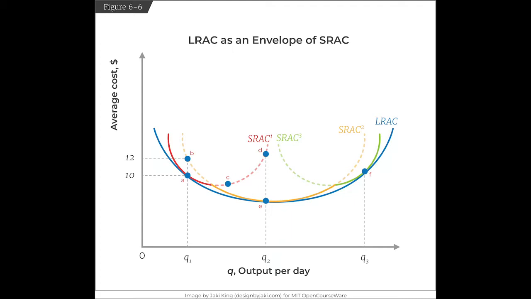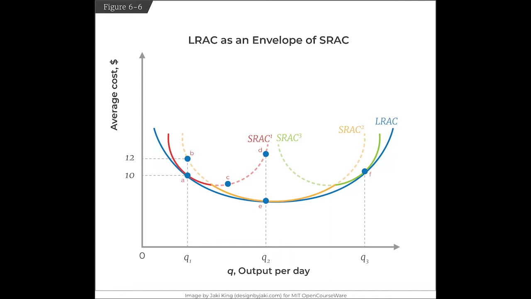Compare SRAC1 to SRAC3. What this is saying is for small quantities of production, SRAC1 lies below SRAC3. If you extend SRAC3 out, you see at levels of production like Q1 or even Q2, SRAC3 is way above SRAC1.